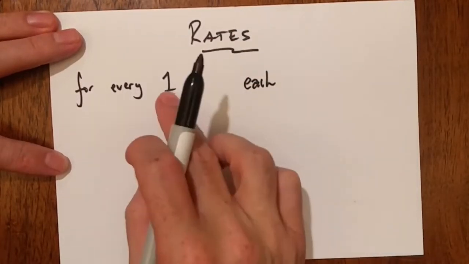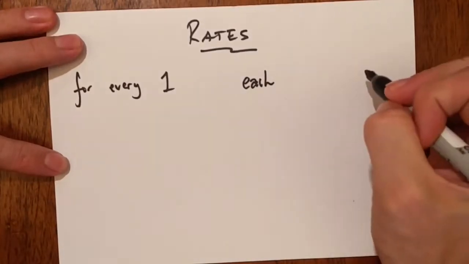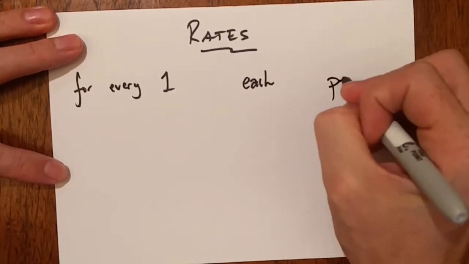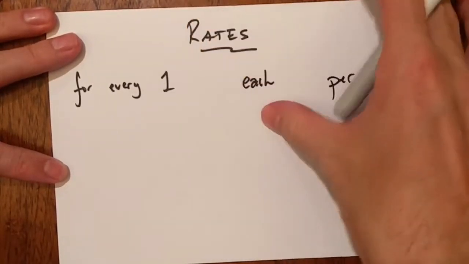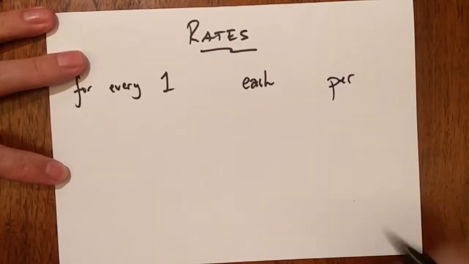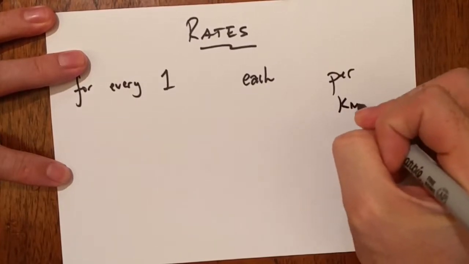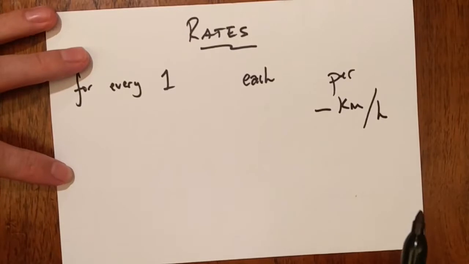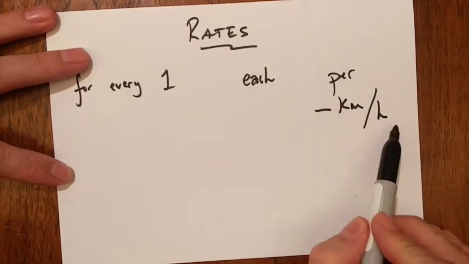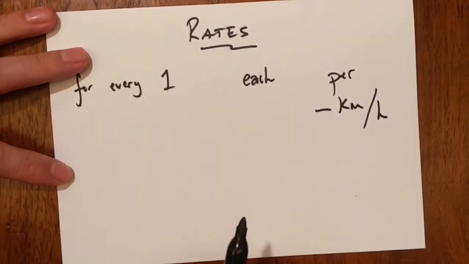So that word each refers to one. And one you probably see all the time is per. So per usually means how much you need per one of something else. And most commonly, you probably see how many kilometers are you going per kilometer. So how many kilometers for every 1 hour, okay?